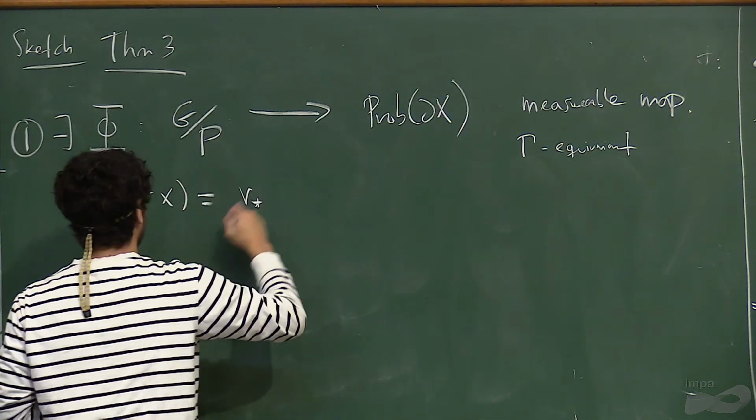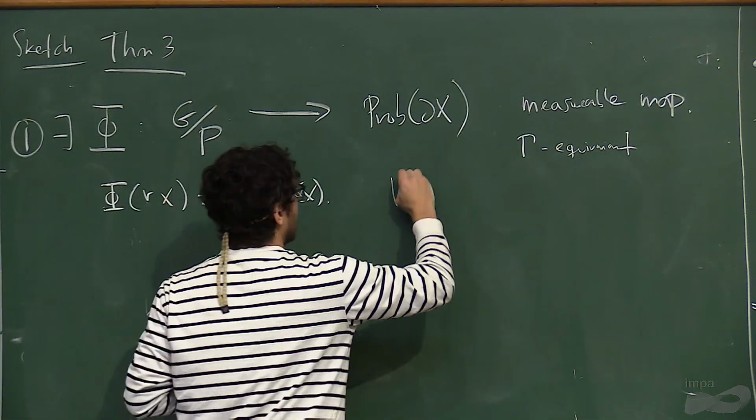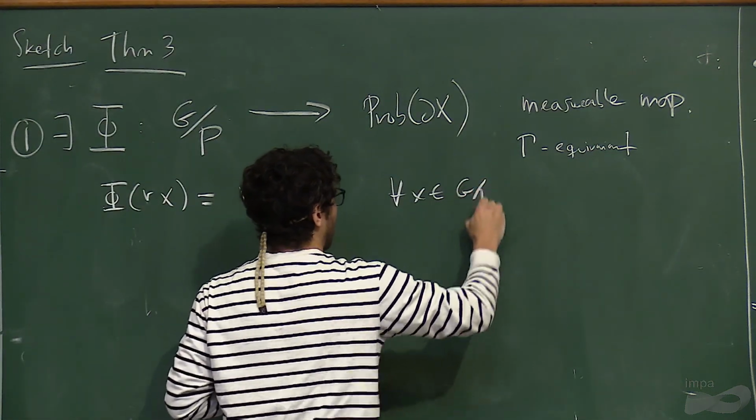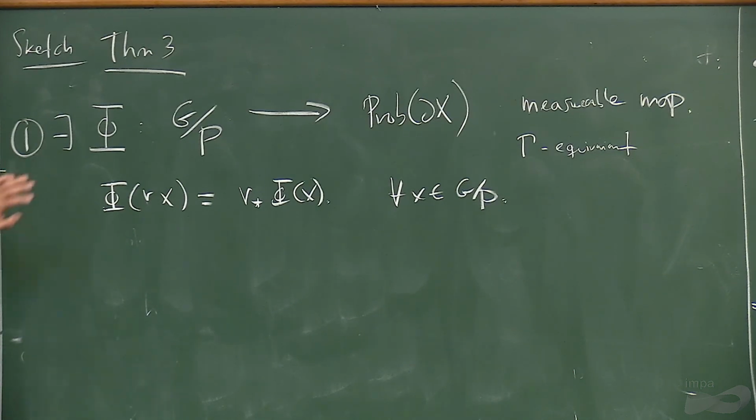So it is gamma of phi of x for every x in G mod P. I don't want to say anything right now about the existence of this map. I'll just say it exists. This is non-trivial, but it follows from work of Zimmer, and I can explain in private later if you want.